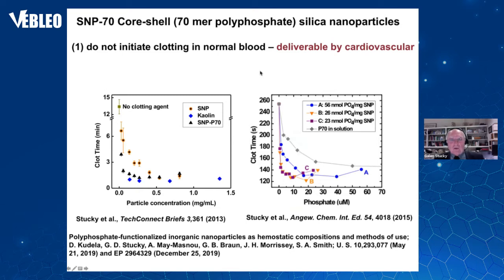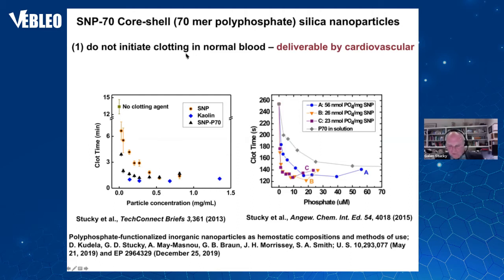The 70-mer polyphosphate does not initiate clotting in normal blood, and if you coat a silicon nanoparticle with the 70-mer polyphosphate, it can be transported in, it's deliverable by the cardiovascular system without any side effects until it finds a trauma site where the blood clotting cascade is in process, at which time it switches on and activates and amplifies the process in a major way.